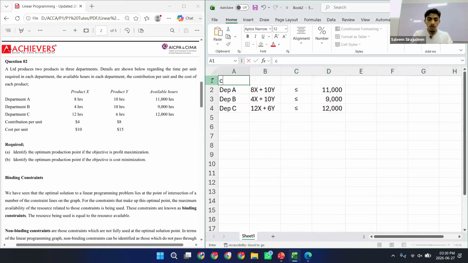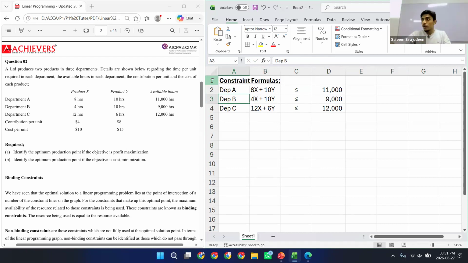Right. So first of all, the constraint formulas. Done? No? Now using these constraint formulas, we have to draw the graph. Right.